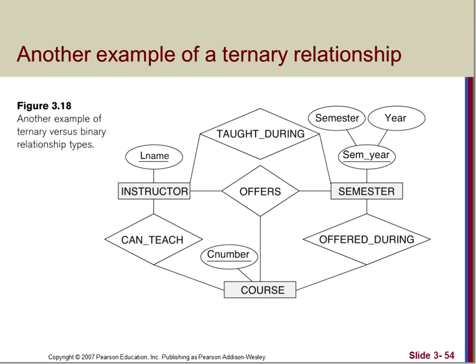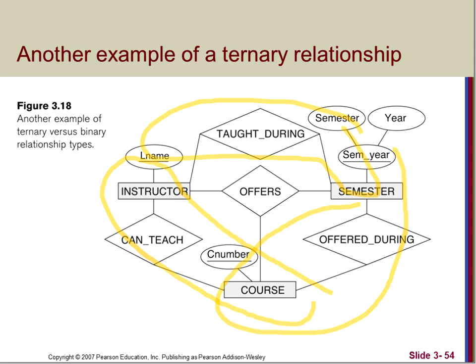Okay, another example of a ternary relationship is the course. For example, an instructor offers a course for a specific semester. However, if we represent such a ternary relationship with binary relationships, it's not the same as the ternary, and it may have additional information.